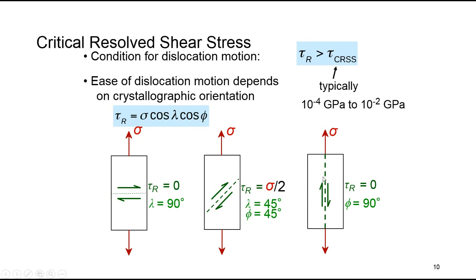And if we rotate another 45 degrees, the resolved shear stress is 0. So we see a maximum at an angle of 45 degrees shown here. The value of critical resolved shear stress is between these two in general.